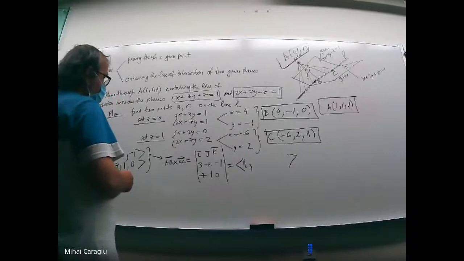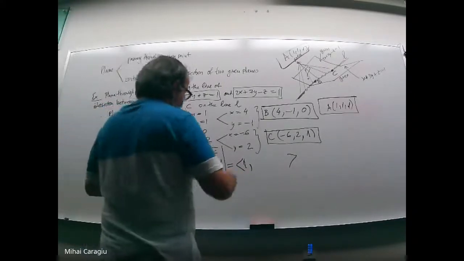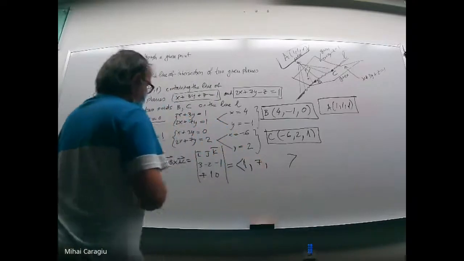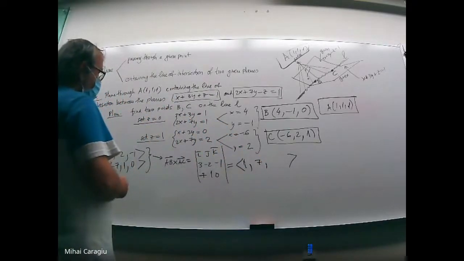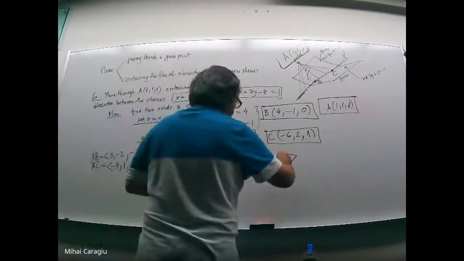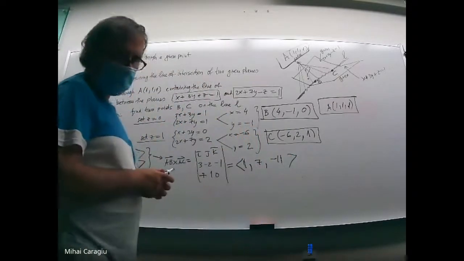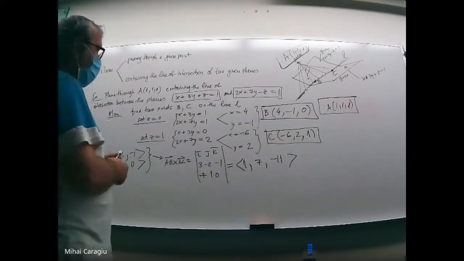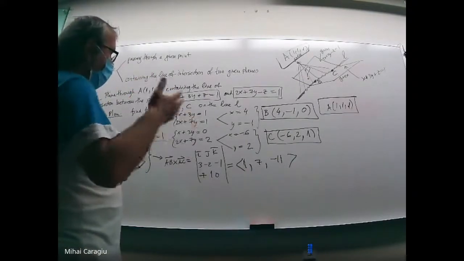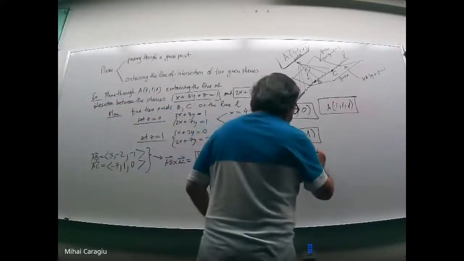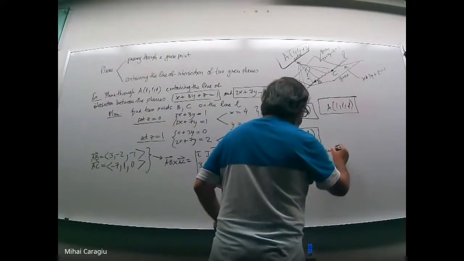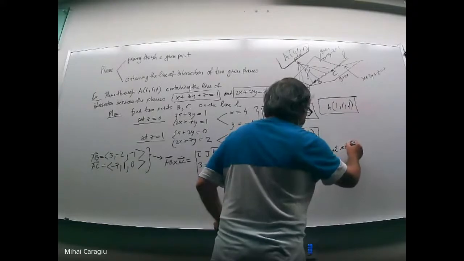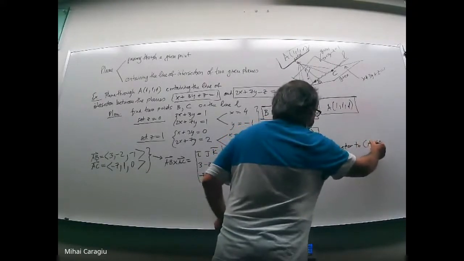Then for j we get 7. Then for k we get 3 minus 14, which is minus 11. So (1, 7, -11), and these three components are the components of a normal vector to the plane ABC.